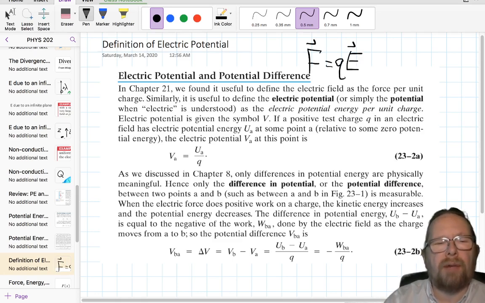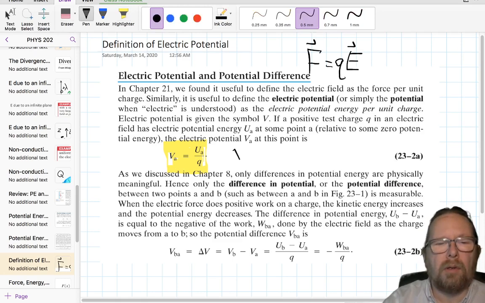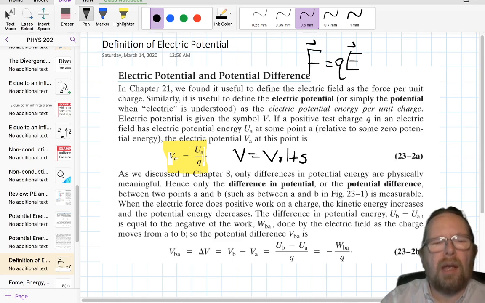It is useful to define something called the electric potential, which is the potential energy per unit charge. So we use the symbol V for not potential energy, but electric potential. And the units of electric potential are volts. It's a little bit confusing because this is one of those situations where the unit that we use to measure the thing and the thing itself are the same, so sometimes it's confusing whether we're talking about units or the physical quantity.